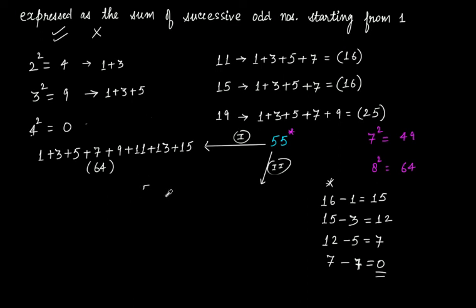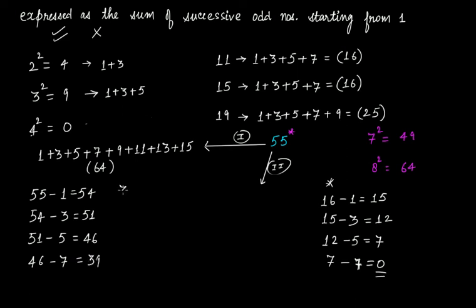Now if you apply the same method here, you have 55. 55 minus 1, you get 54. 54 minus the next odd number, that is 3, you get 51. 51 minus 5 gives 46. 46 minus 7, you get 39. 39 minus 9, you get 30. 30 minus 11, you get 19. 19 minus 13, you get 6.